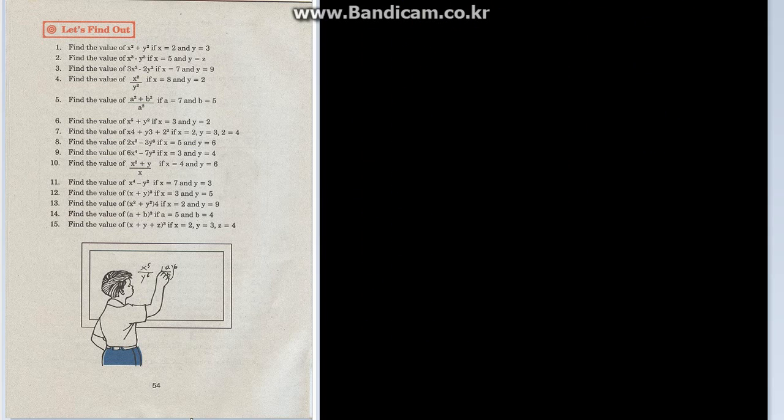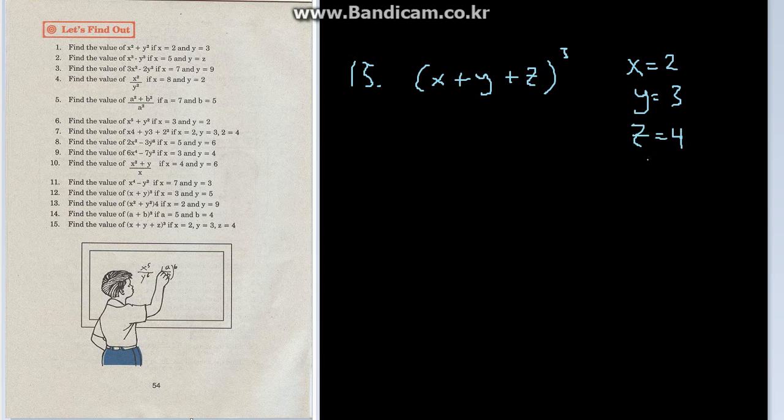Okay, more questions. Let's try number 15 and finish this lesson. Number 15: x plus y plus z, the whole thing cubed, and x is equal to 2, y is equal to 3, z is equal to 4. Now, well, it's the same thing.